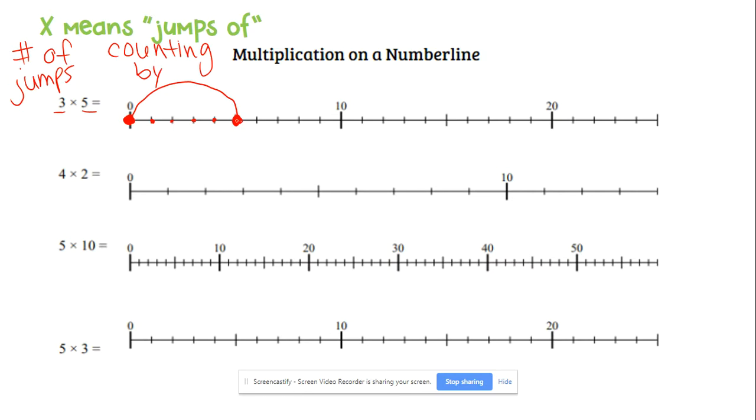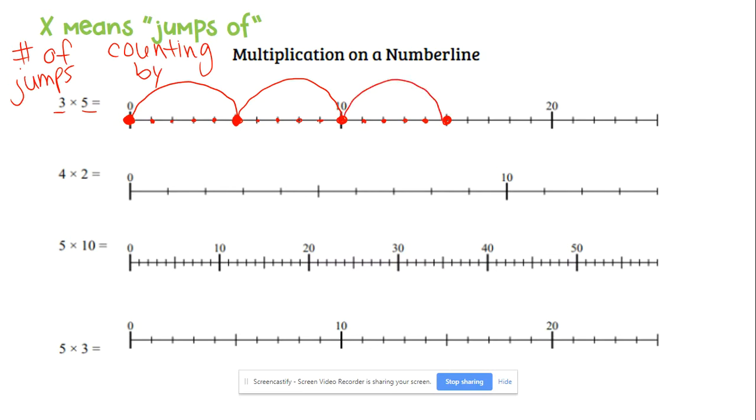So starting at that second big circle, I'm going to count up by 5 again. 1, 2, 3, 4, 5. I'm going to connect my big dots every time because I want to visually see those jumps. And I'm still not at 3 jumps of 5, so I'm going to keep counting. 1, 2, 3, 4, 5. And again, connect my big dots.